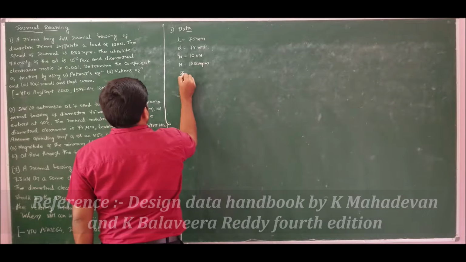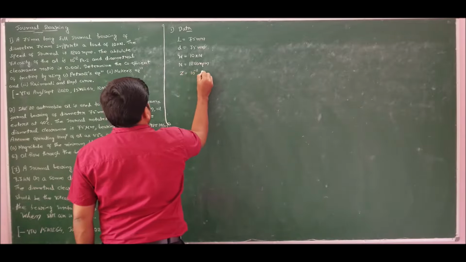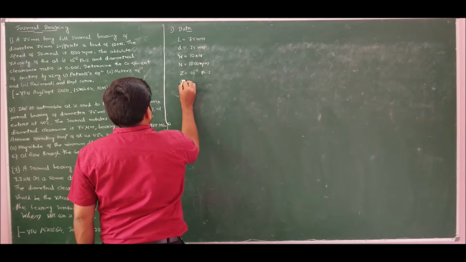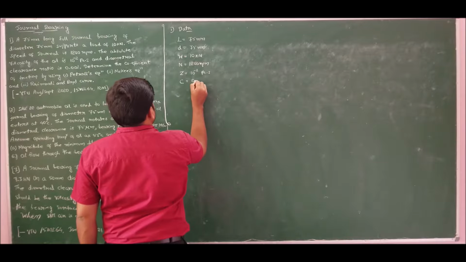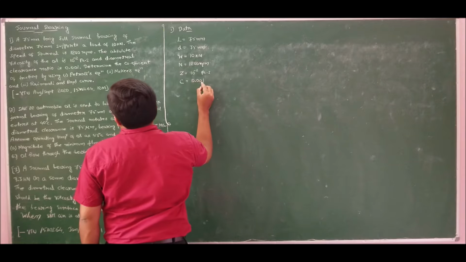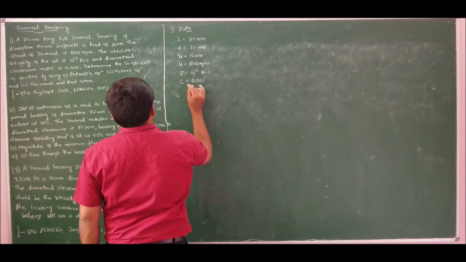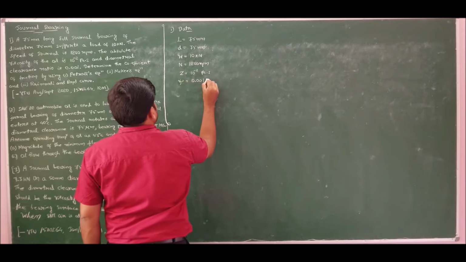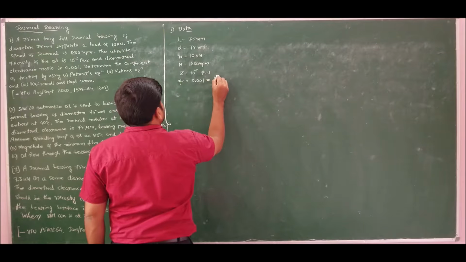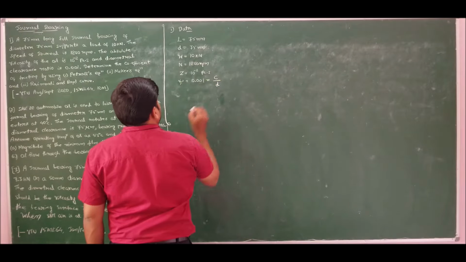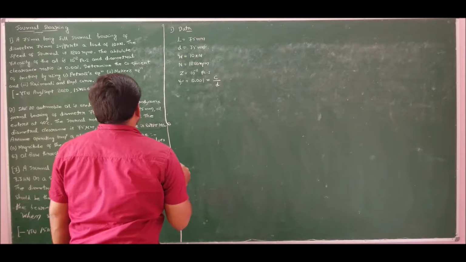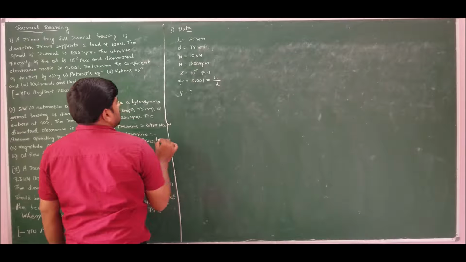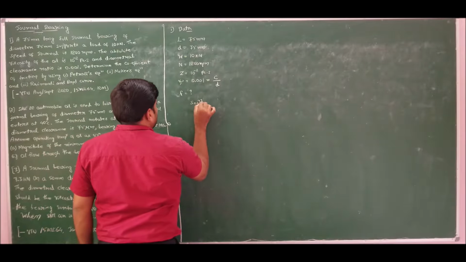The absolute viscosity Z is 10 to the power of minus 2 pascal second, and the diametric clearance ratio is given as 0.001. Since it is a diametric clearance, the diametric clearance divided by the diameter is the diametric clearance ratio. Determine the coefficient of friction. This is the question he has asked.